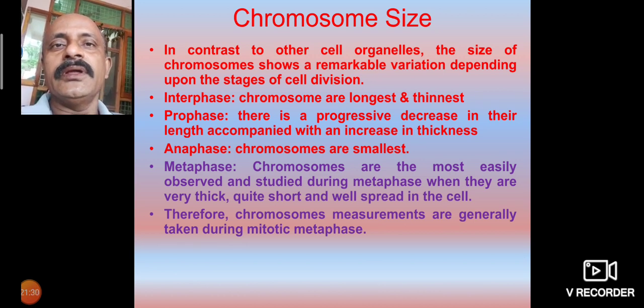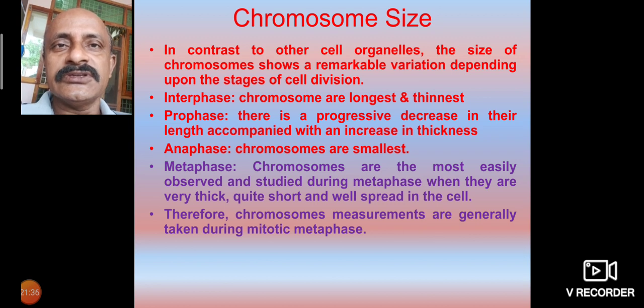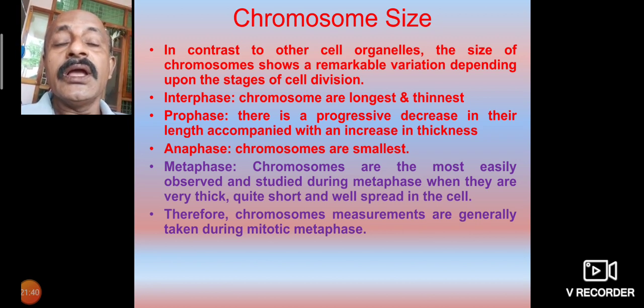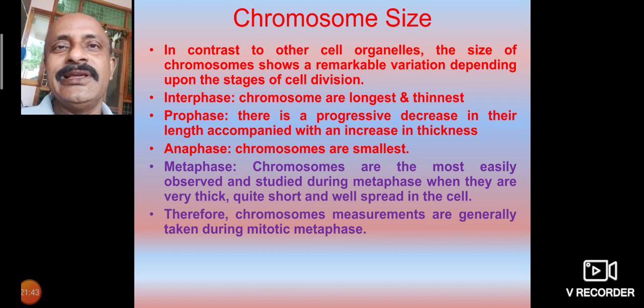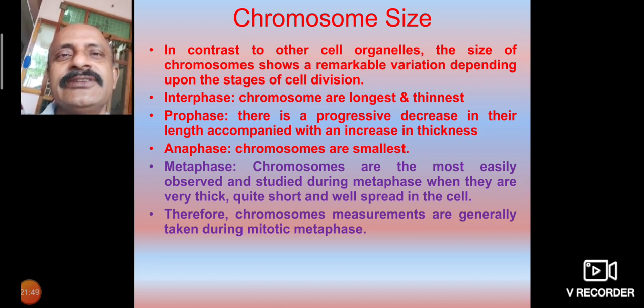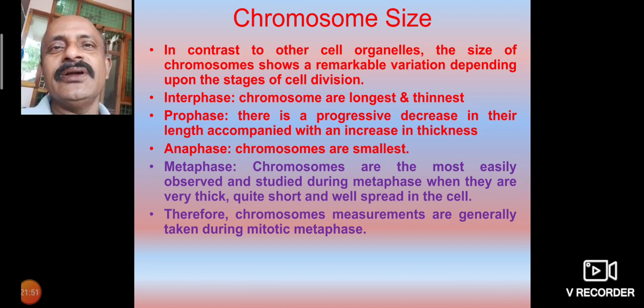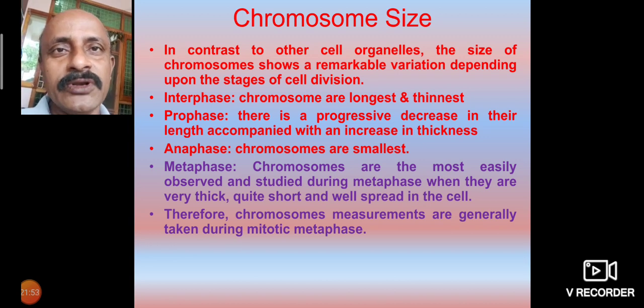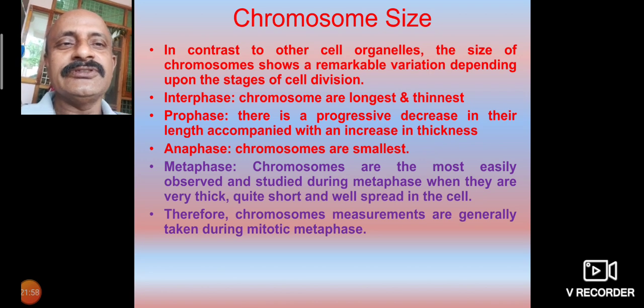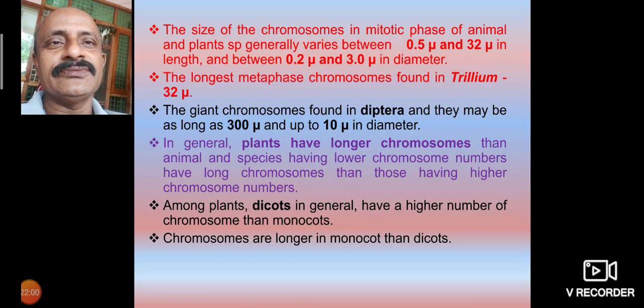Only mitotic metaphase is a suitable stage for identifying the structure of chromosomes, because they are thick and short in length, easily observed in mitotic metaphase only, not meiotic metaphase. This is also an important point about chromosome size.